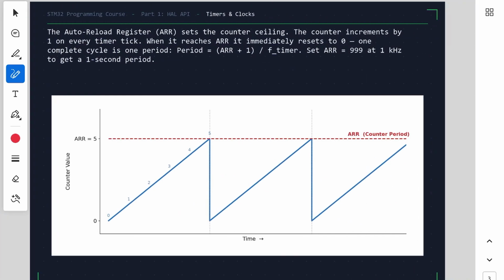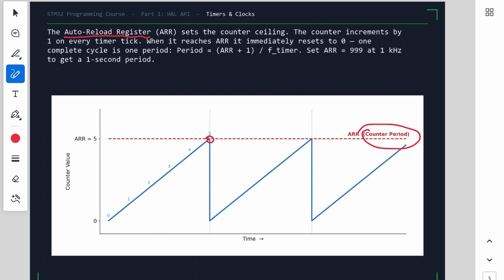Another important thing is that we can set our own limit. That limit we call the auto reload register, or sometimes the counter period. The counter increments by 1 every time it ticks. So every tick it adds 1, 2, 3, 4.